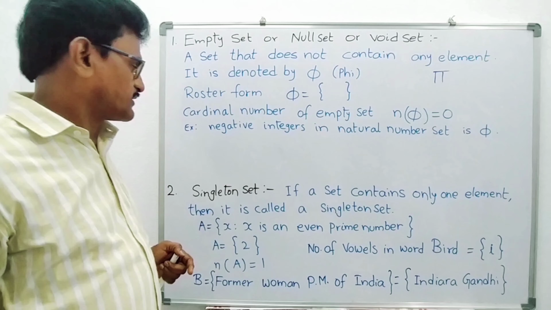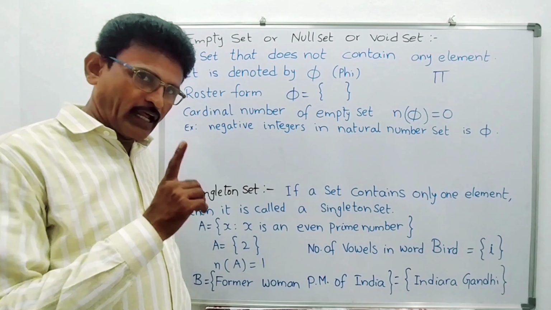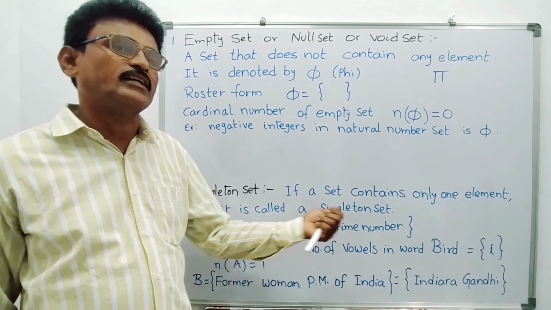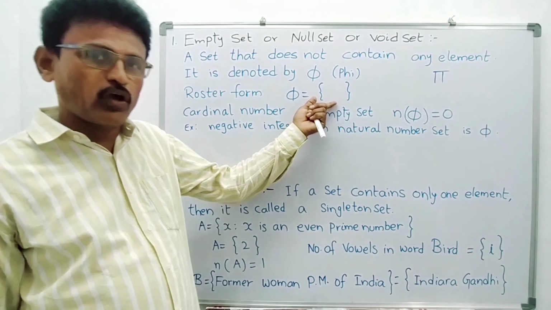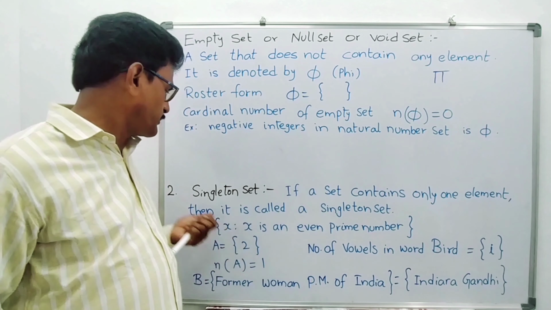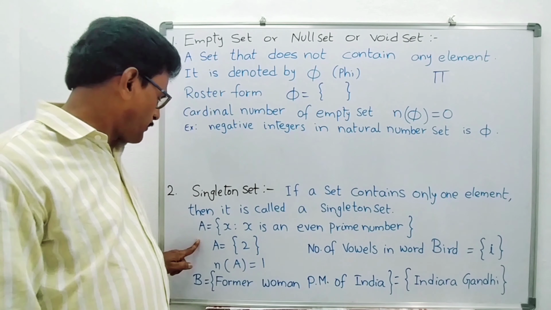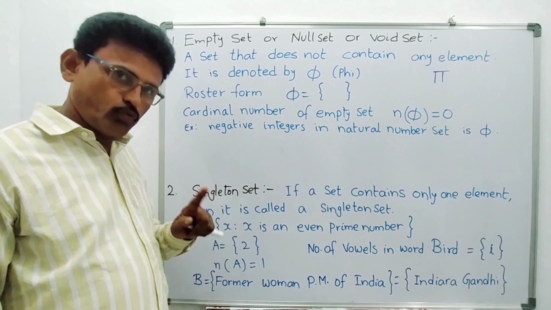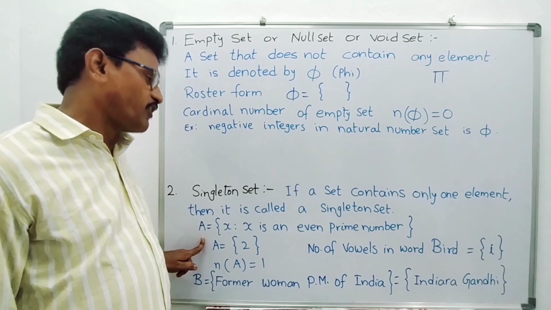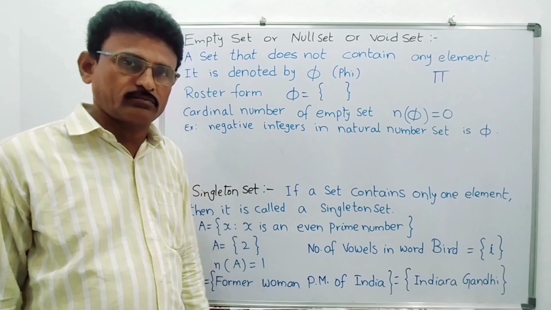Now singleton set. What is a singleton set? If a set contains only one element, then it is called a singleton set. Here there is no element, it is an empty set. Suppose in the set there is only one element, that is said to be a singleton set. In set builder form, A equals x such that x is an even prime number.